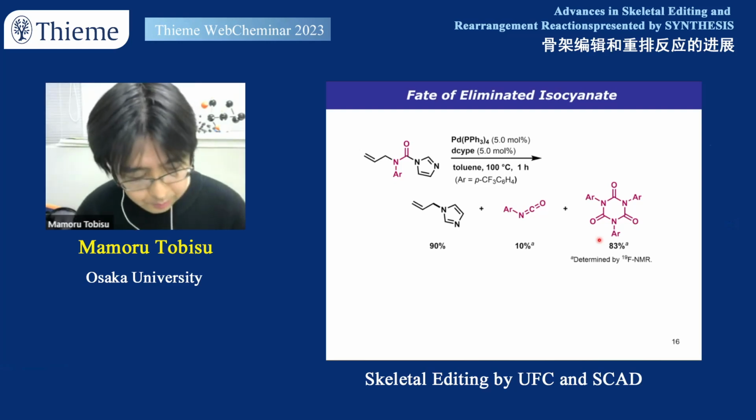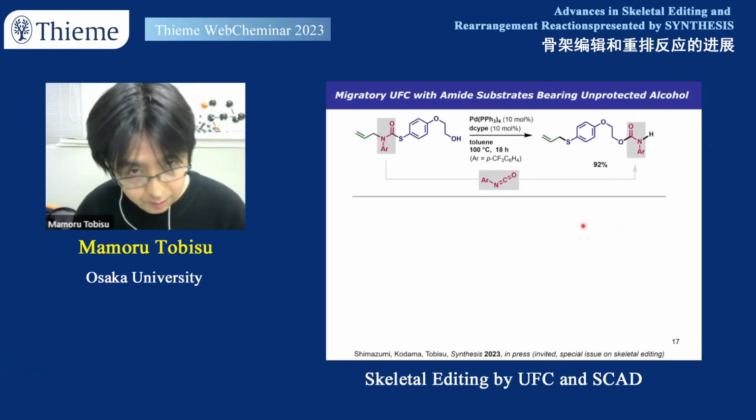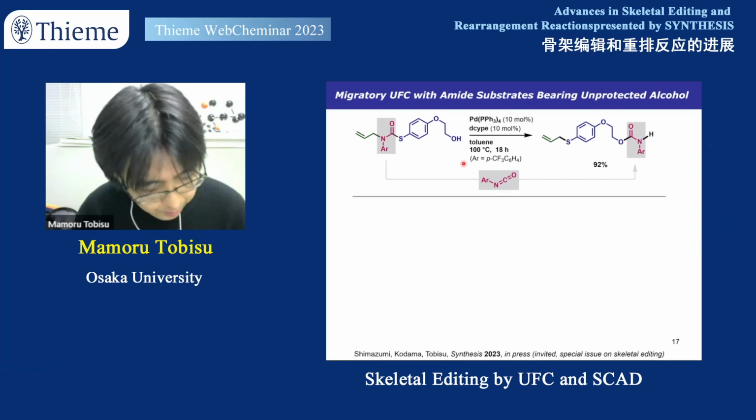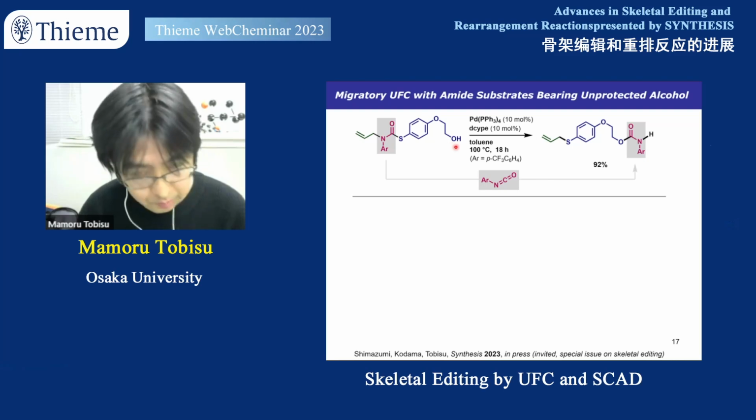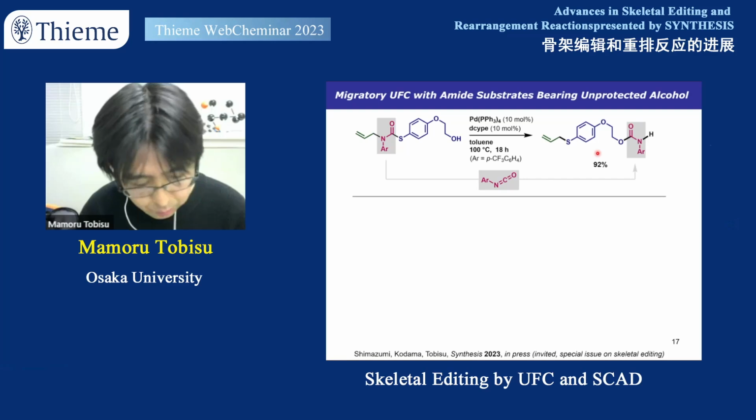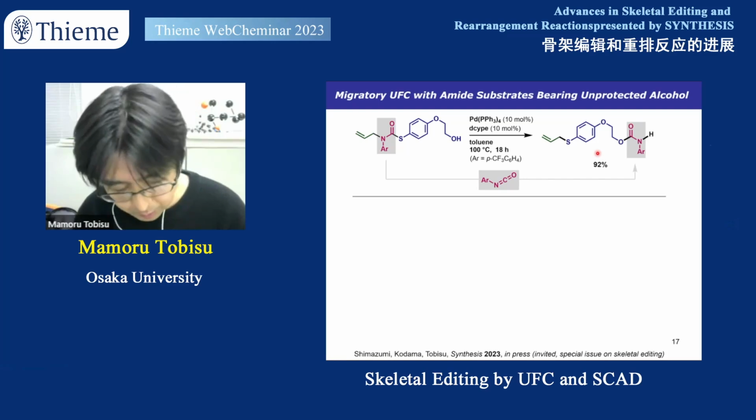So we next thought about intercepting the eliminated isocyanate with a tethered nucleophile in the substrate. When a substrate bearing a primary alcohol moiety, shown here, was used, the eliminated isocyanate was trapped by this hydroxy group, resulting in the formation of this product in 92% isolated yield.